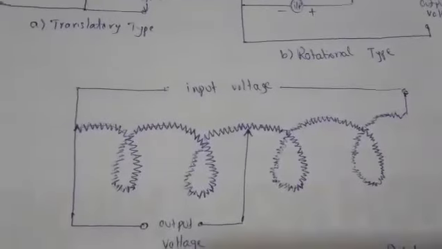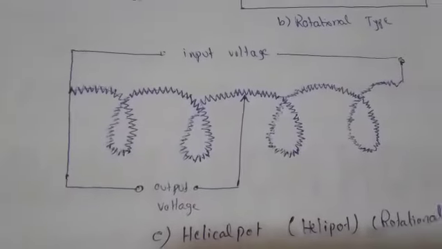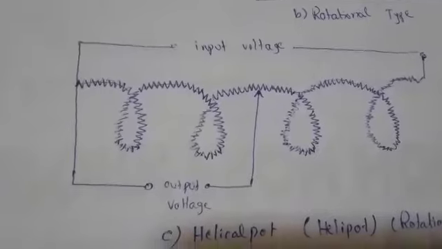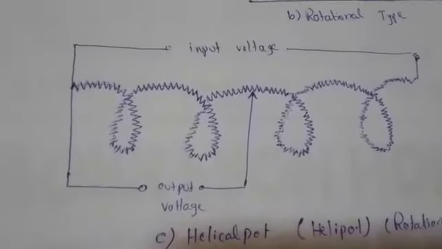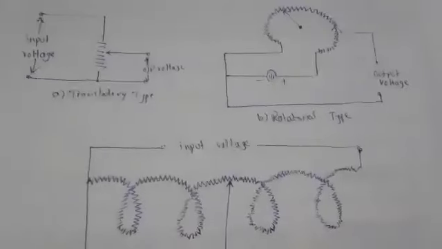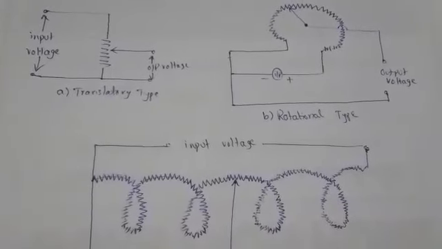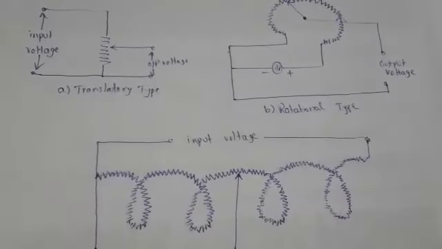In case of a helical potentiometer, the resistive element is in the form of a helix. So these are the different types of potentiometers.